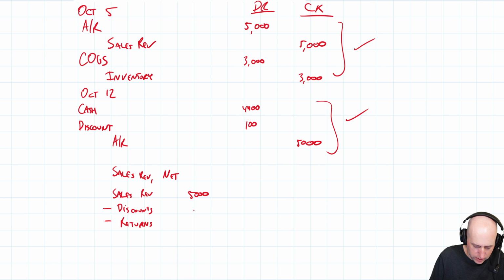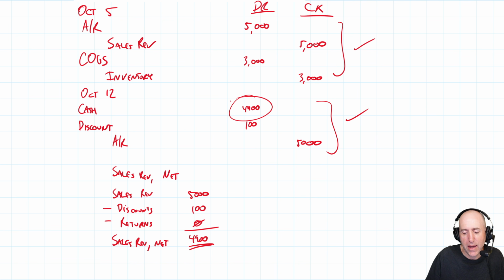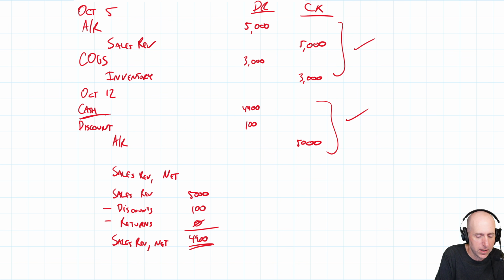We have discounts of $100 and no sales returns in this one. There'll be sales returns in the next problem you see in the list. So our sales rev net is $4,900. And again, it makes intuitive sense. The net amount of our sale is how much we got paid at the end of the day. And we got paid $4,900 cash.